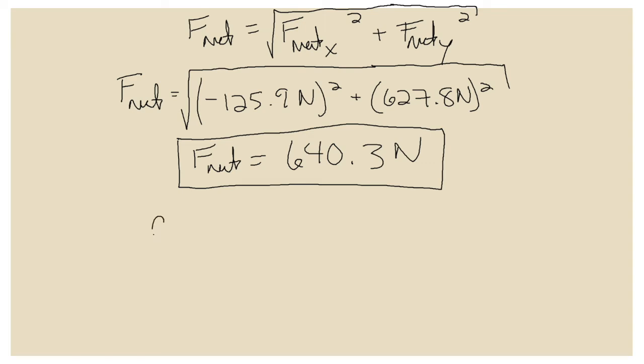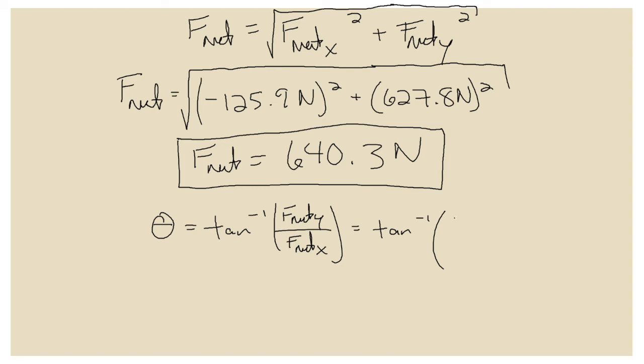As we said, the angle is the inverse tangent of F net y over F net x. So that's going to be the inverse tangent of F net y, 627.8 newtons, over negative 125.9 newtons.